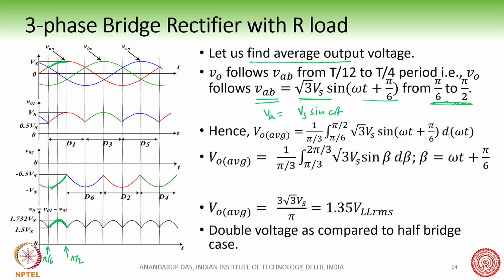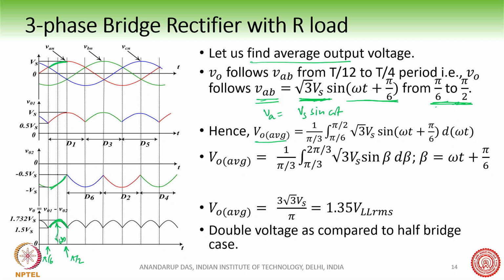We know that the line voltage leads the phase voltage by 30 degrees, and has a magnitude of root 3 times. So this is the voltage appearing from pi by 6 to pi by 2.